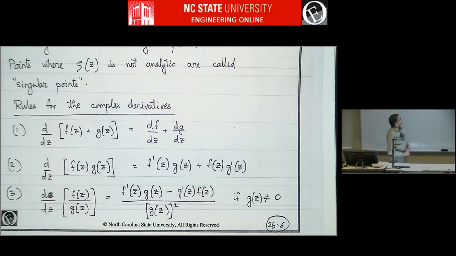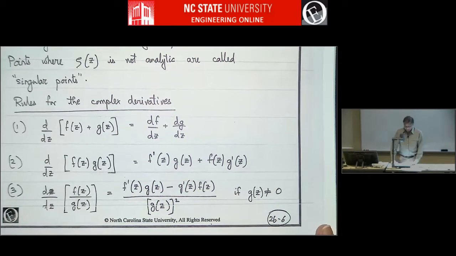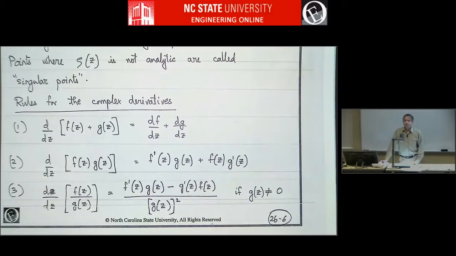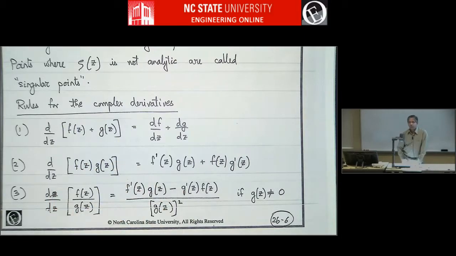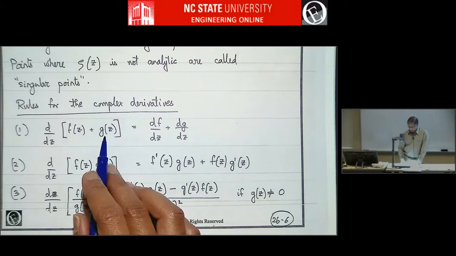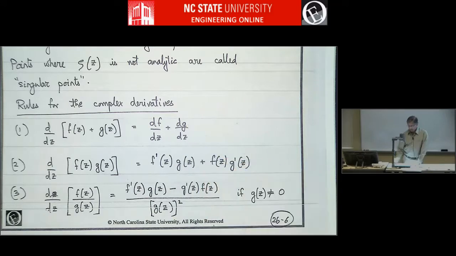Let's quickly review rules for derivatives of complex functions. These are very similar to real function derivatives. d over dz of the sum of two functions f and g is df dz plus dg dz.